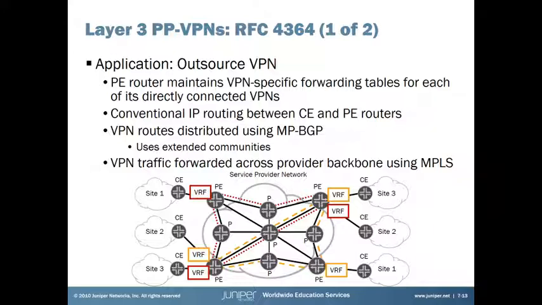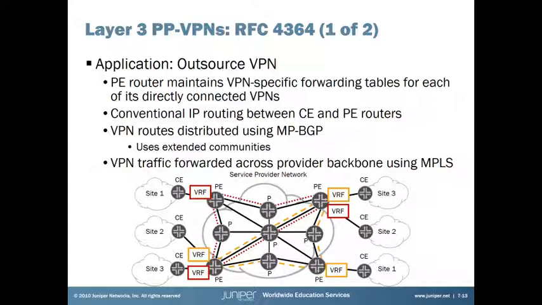So we've got different customers, customer yellow and customer red, and they've got different sites that they want connectivity between. So a service provider can provide VPN connectivity for multiple customers at the same time and keep all of their virtual networks separate from other customers.